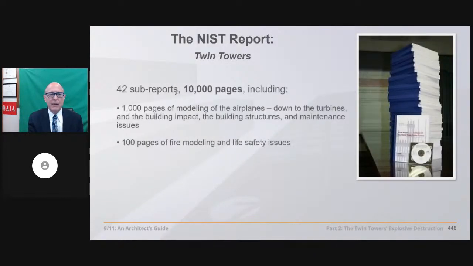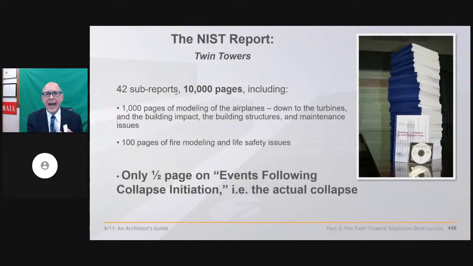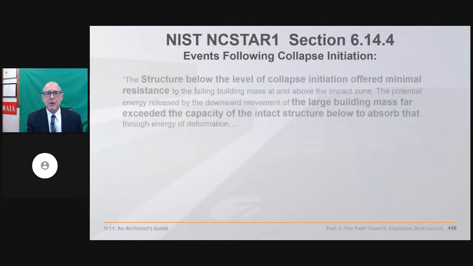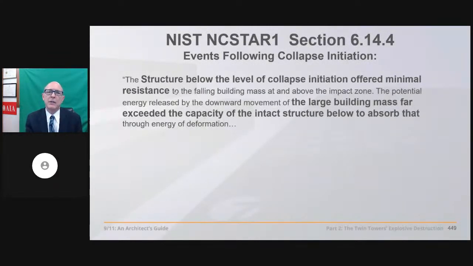Wow. You had $20 million, 10,000 pages, and you have only half a page on the events following the initiation of collapse. What were you tasked with? To explain the collapse. This is not rocket science. Structural engineers can do this. They simply say the structure below the level of collapse initiation offered minimal resistance.